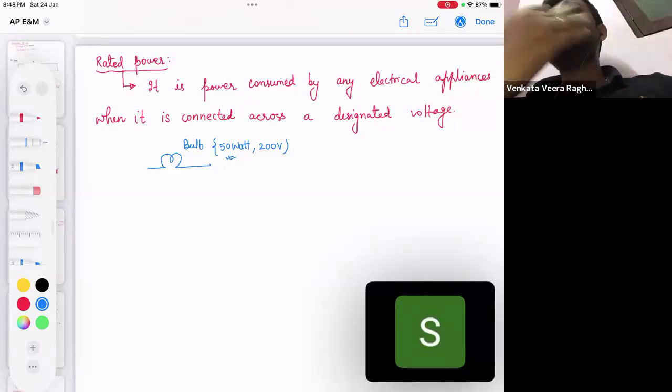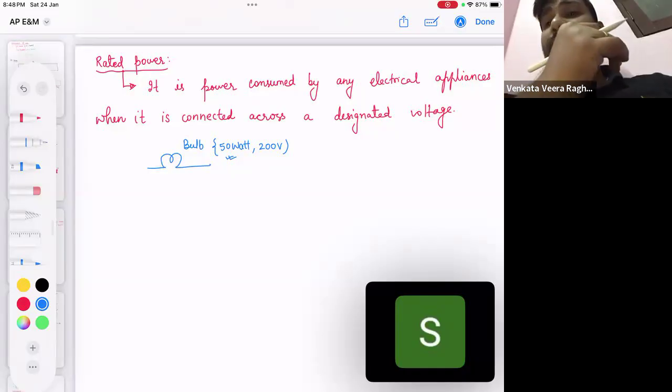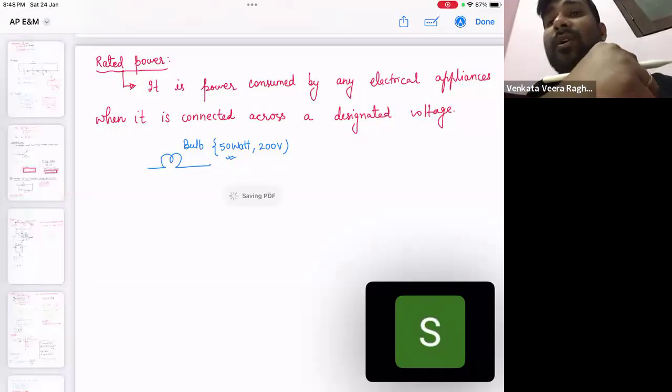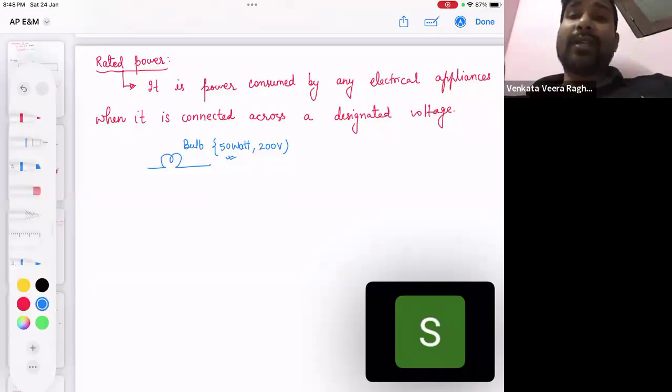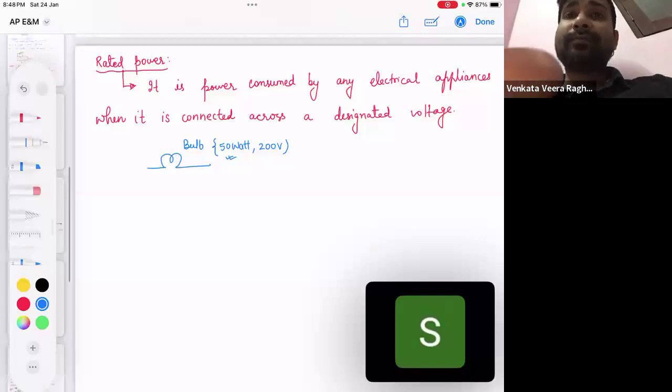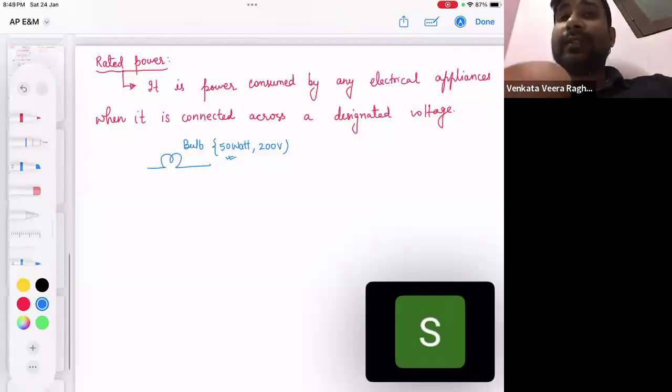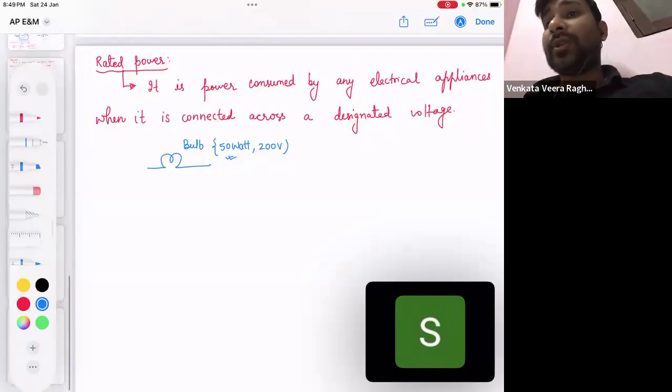But what remains the same? Can you tell me what will not change for the bulb or any appliance? However you connect it in the circuit, the resistance of the bulb or any appliance never changes. Power consumption definitely will change depending on the connection in the circuit, but the resistance of that element is never going to change.